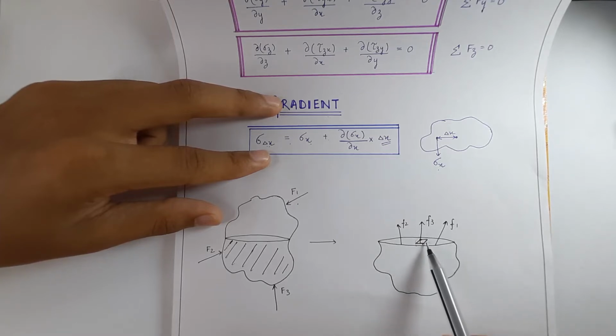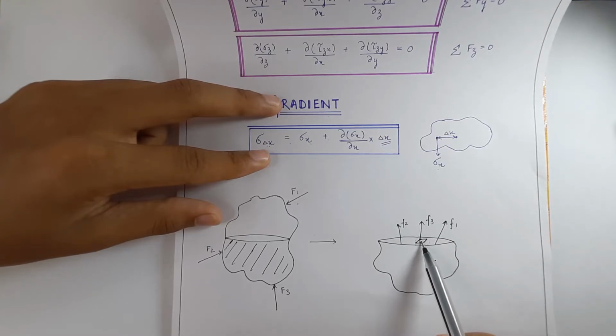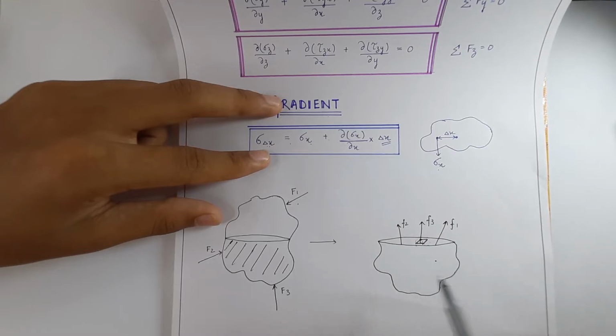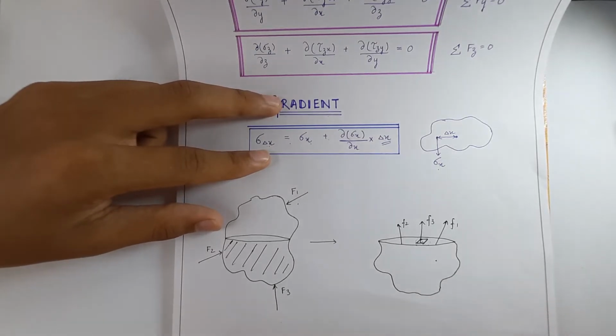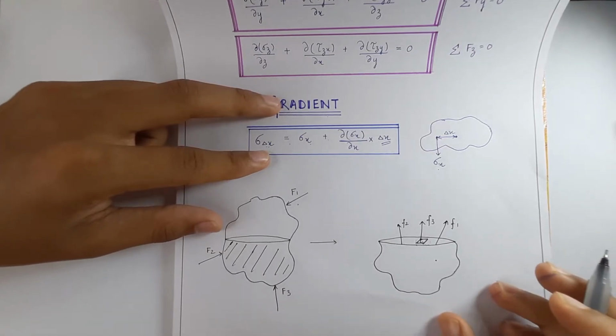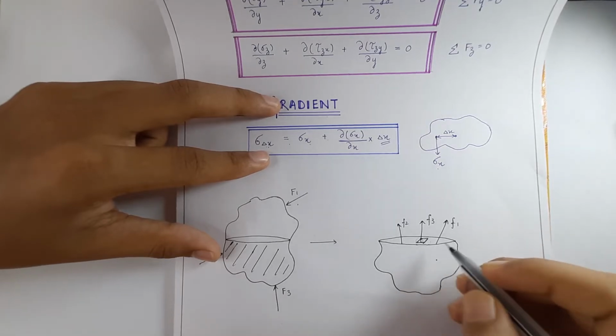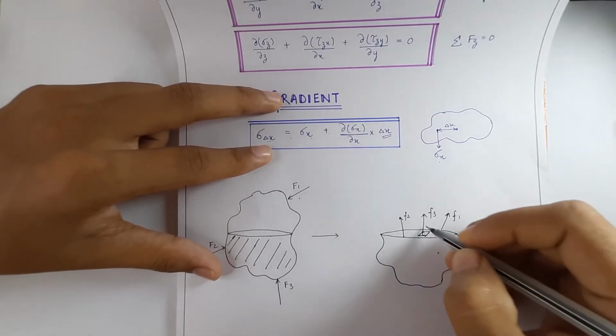All the forces acting on this infinitesimally small area inside the body will be balanced. Otherwise, if the forces were not balanced, the body would have broken down or deformed drastically. These cases are not occurring here. We are considering that the body is inside its elastic limit, so the body part will be in a stable condition. Now let us draw it here.